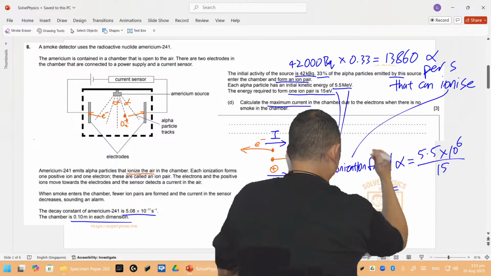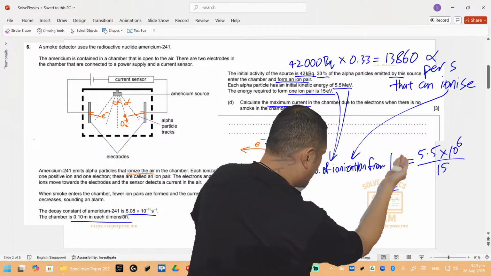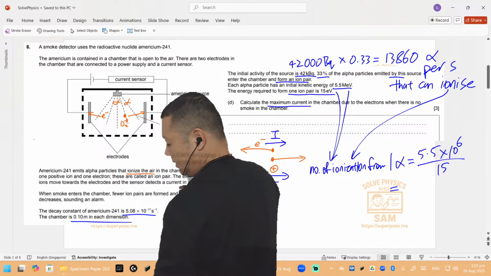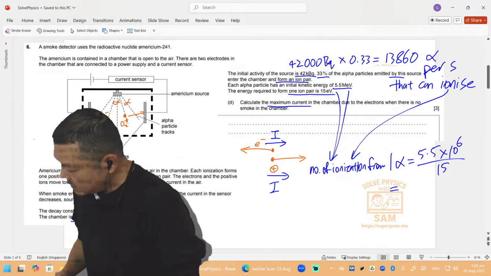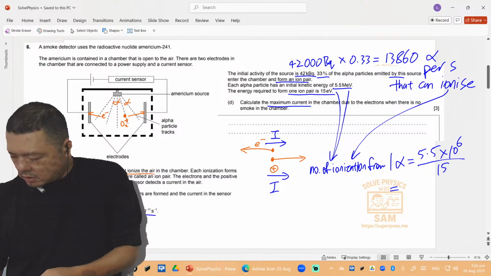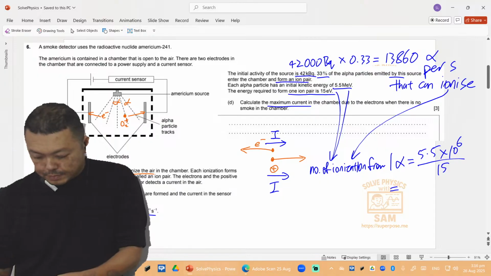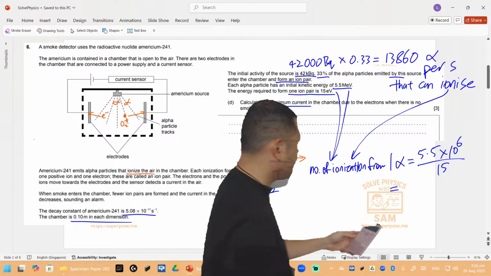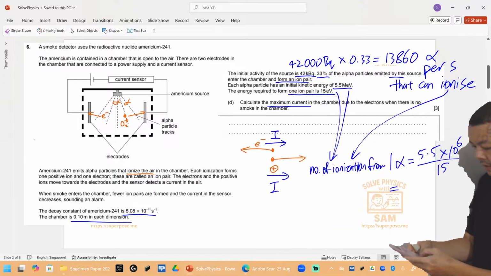Then understand that from each alpha particle, you can ionize this many pairs. We have 5.5 times 10 to the power of 6, then divided by 15.